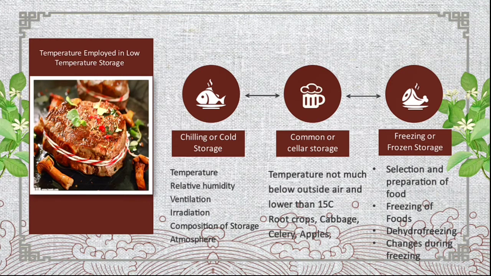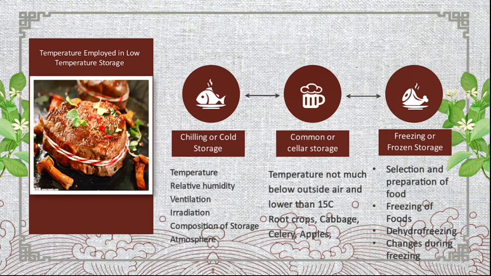The amount and proportion of gases in the storage atmosphere influence the preservation by chilling. Usually no attempt is made to control the composition of the atmosphere, though stored plant foods continue to respire, using oxygen and giving off carbon dioxide.